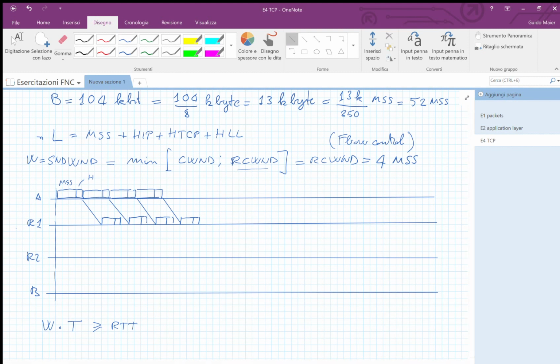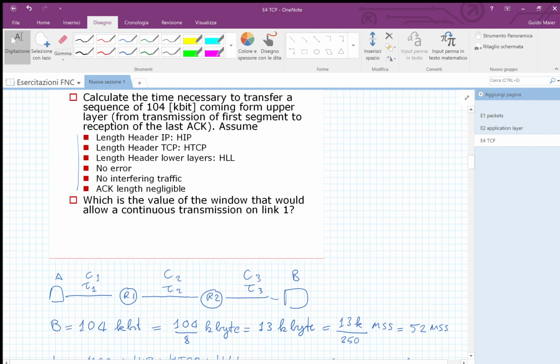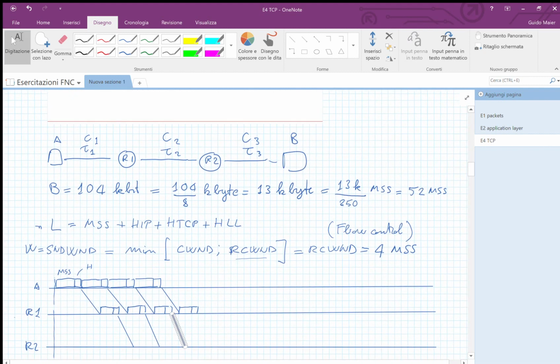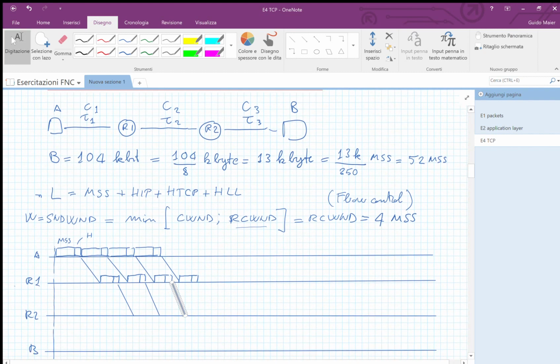Then we have another propagation phase. Let's say that we have another propagation delay. Actually, all the propagation delays are the same. They are not given. Okay, so we don't know that. So let's say that we have this situation.